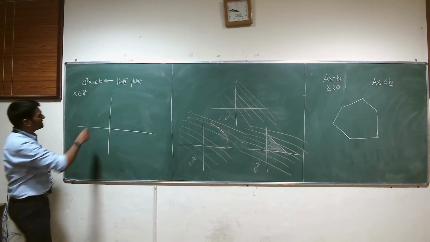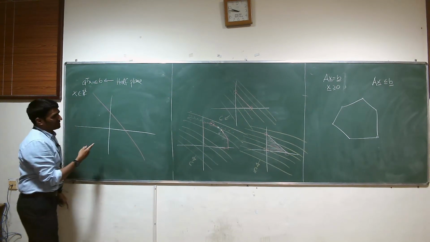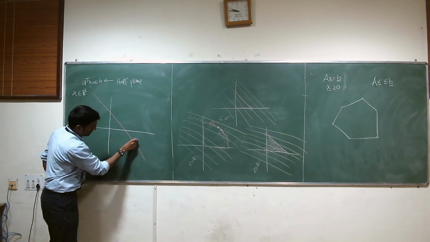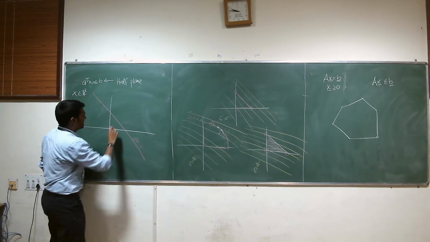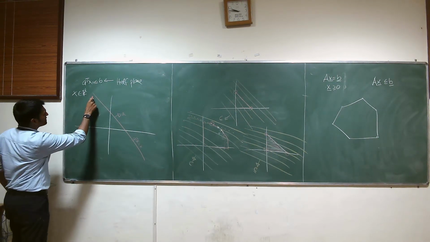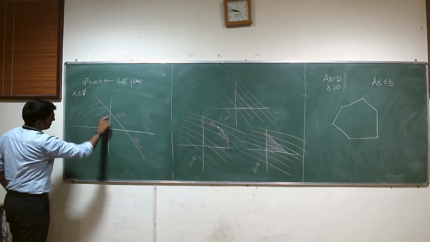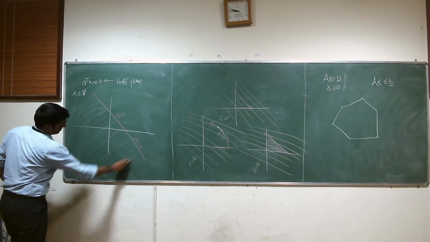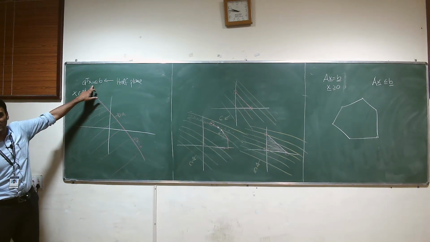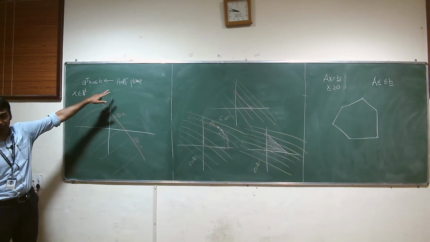The half plane is simply this. This is A transpose X equals B. Let's say this was A. This is your half plane. This entire space is the set of all x's that satisfy this. That's why it's called a half plane.